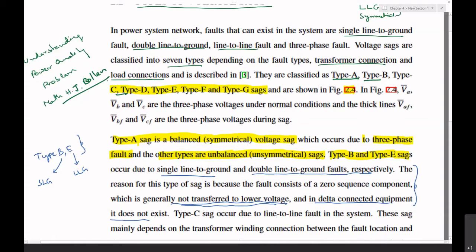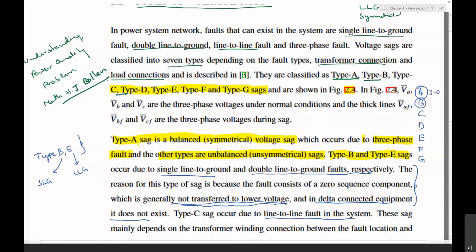A type C sag occurs due to a line to line fault, an LL fault, in a system. We have faults A, B, C, D, E, F, and then G. Type A is the symmetrical three-phase fault.